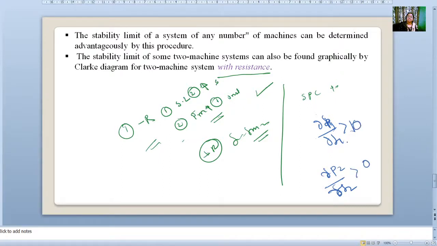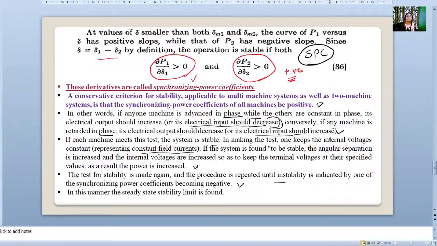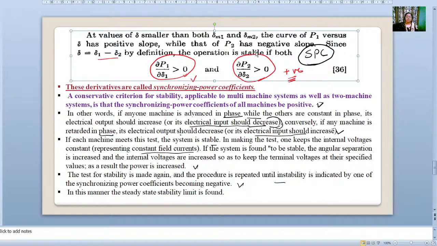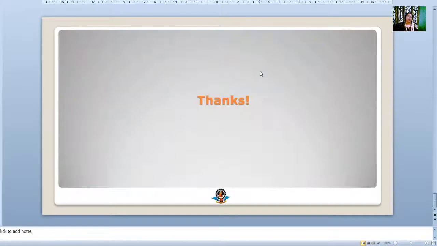The synchronizing power coefficient must be greater than 0 for all machines to remain in stable operation. What is the conservative criteria? We are considering the smaller values. The partial derivative of P1 with respect to delta 1 and of P2 with respect to delta 2 must be greater than 0 if considering two machines. Now, thank you very much.